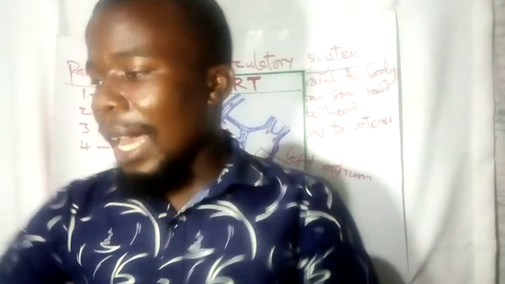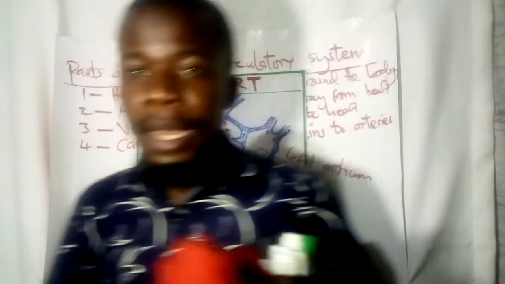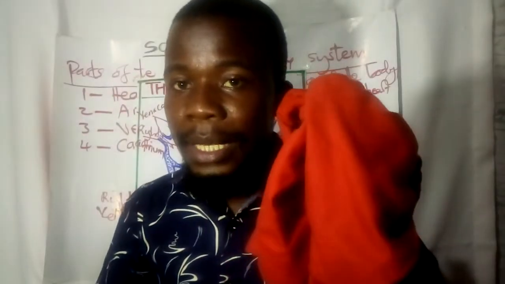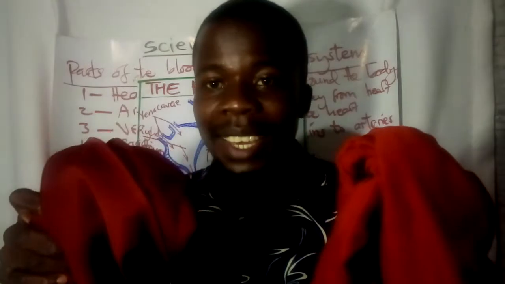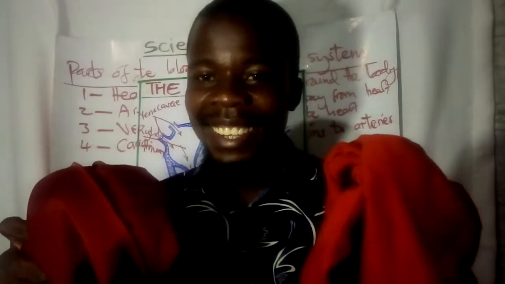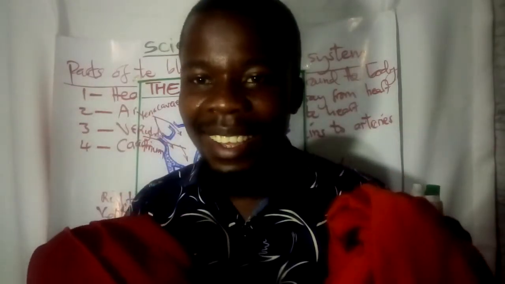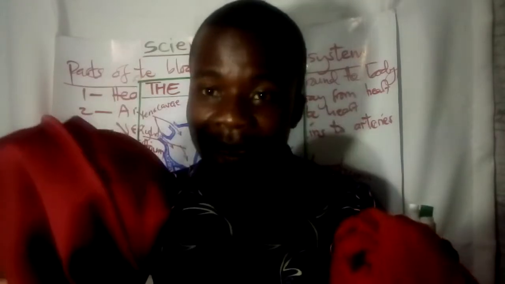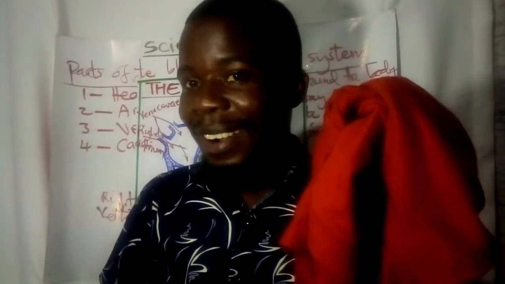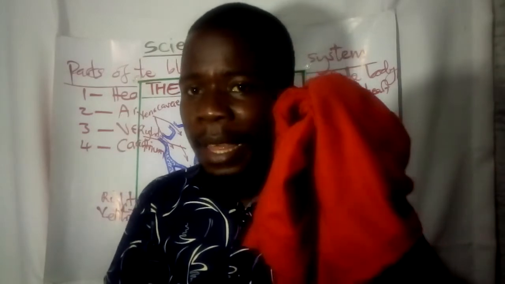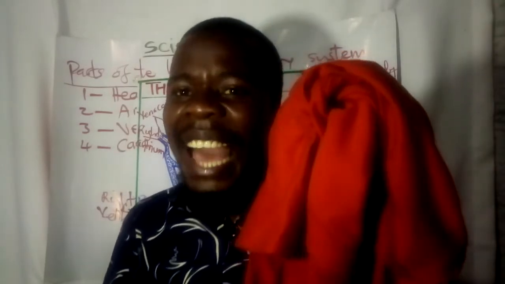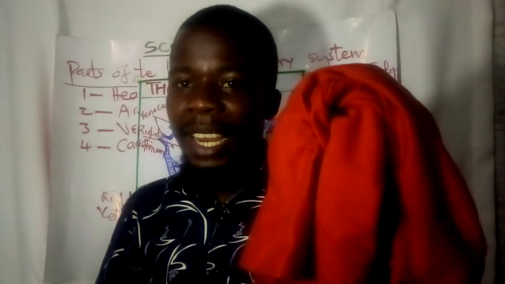I think I have to show you this. Guys, this is red. This one as well is red, not maroon. This is red. This one as well is red. All right? So this one is light red in color.